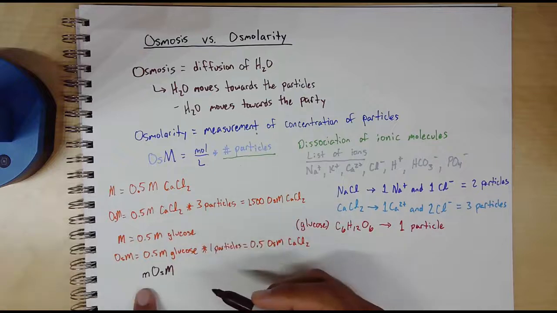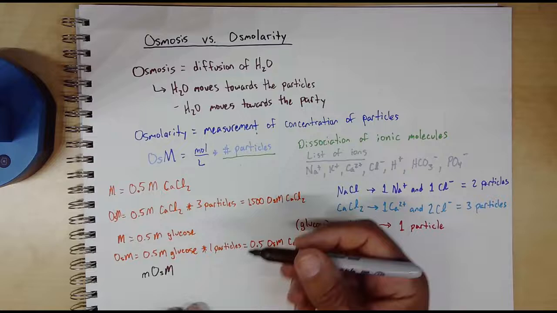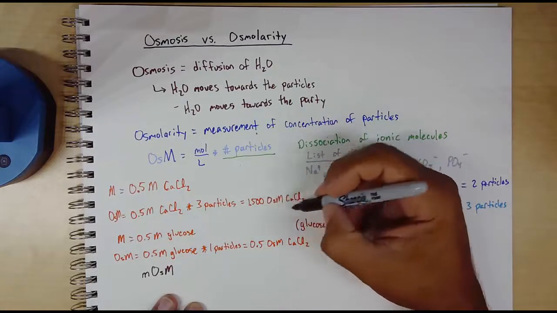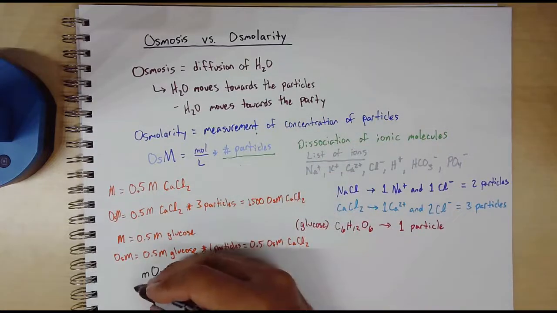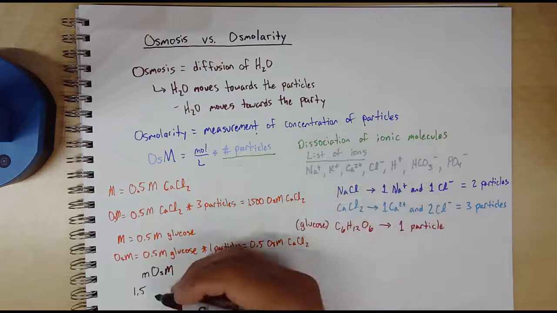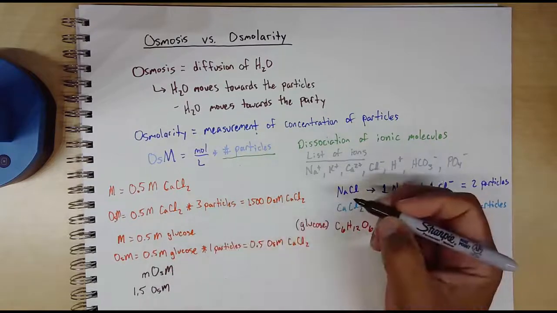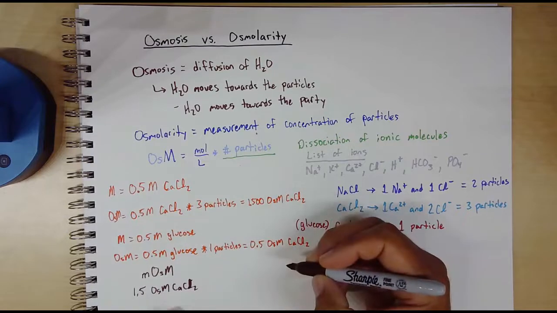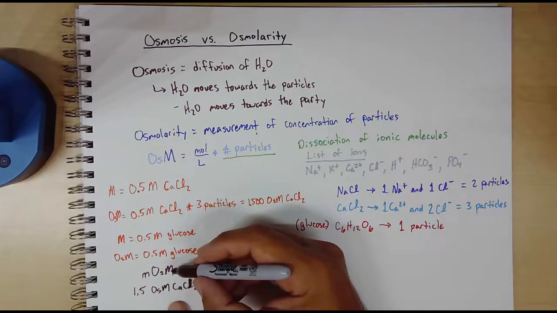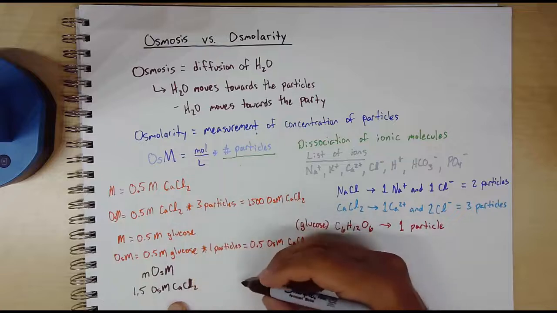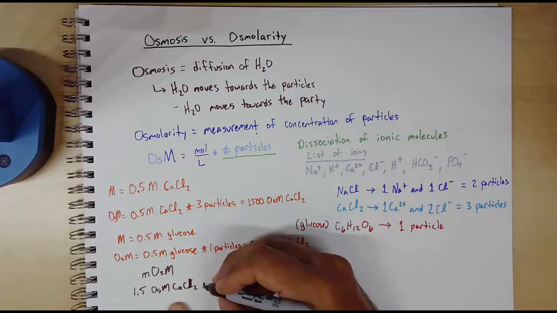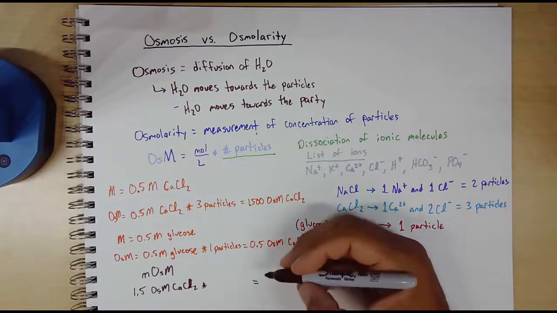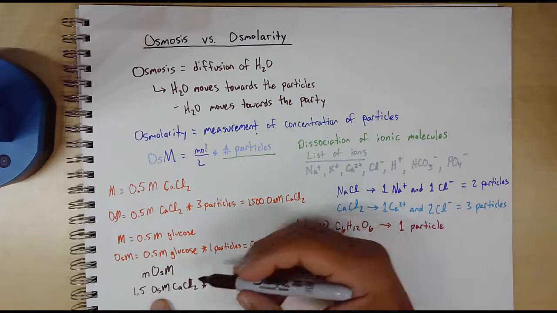Milli telling us 1/1000th of. So what we need to do is take these calculations, like 1.5 osmolarity of calcium chloride, and turn it into milliosmolarity. And earlier this semester, when we were doing dimensional analysis, I taught you guys if you start with a unit, it's not the final unit you want.